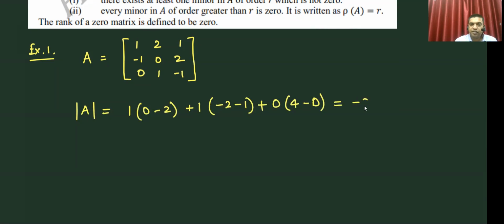So you get minus 2 minus 3, which is minus 5, not equal to 0. So A is a non-singular matrix.